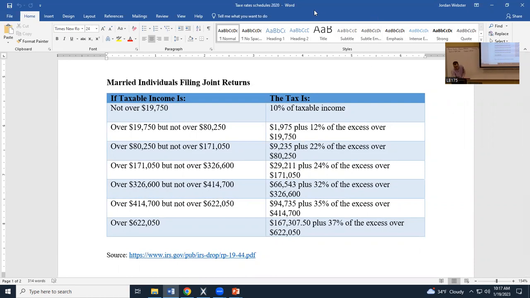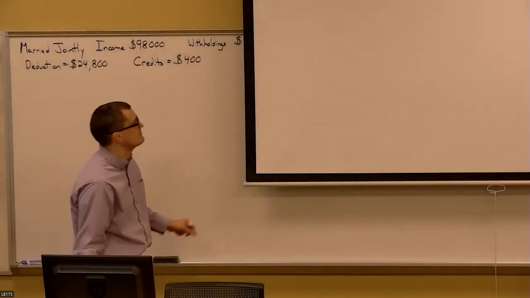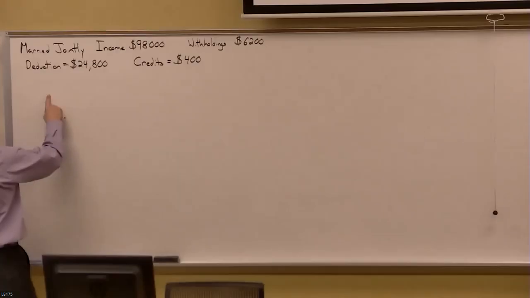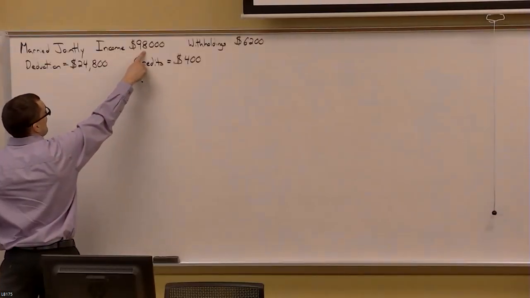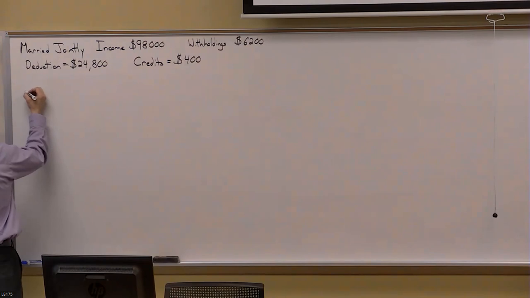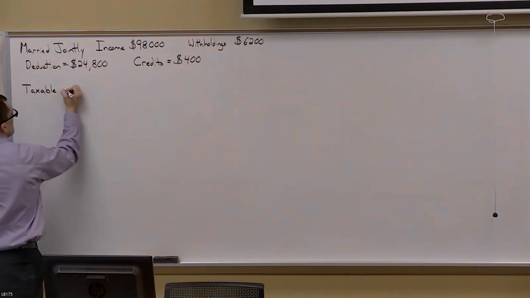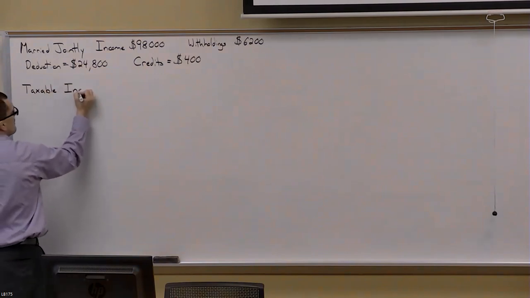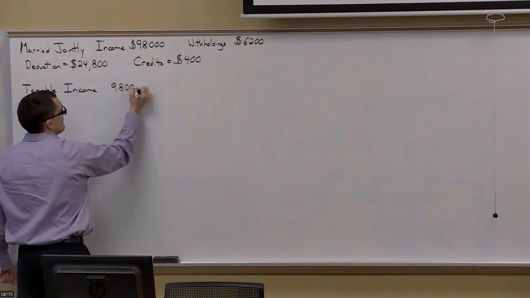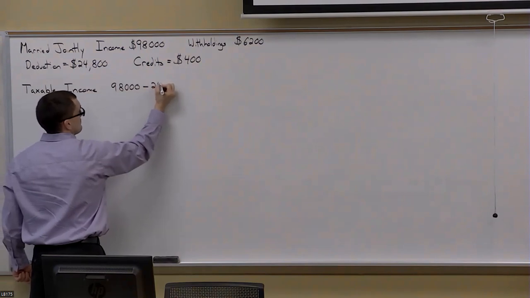If you remember our last section, if the couple had $98,000 and this amount of deductions, their taxable income is 98,000 minus the deductions.